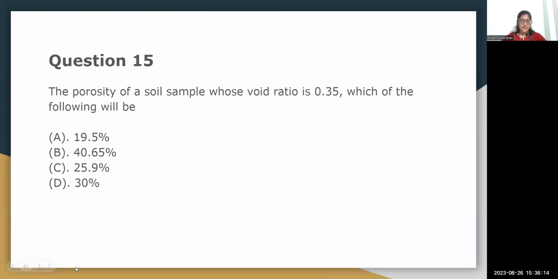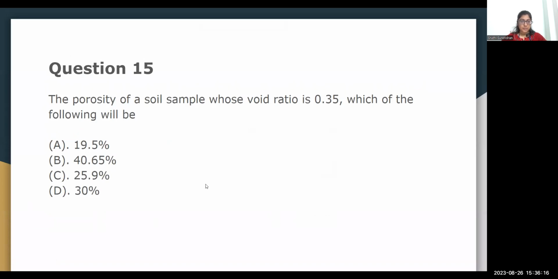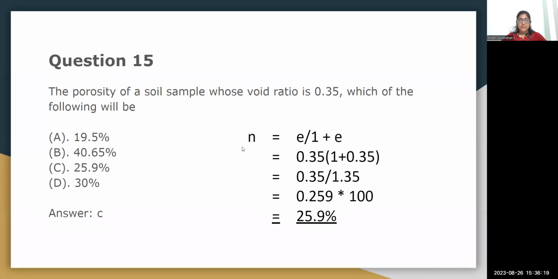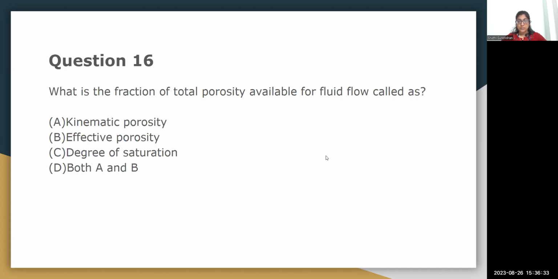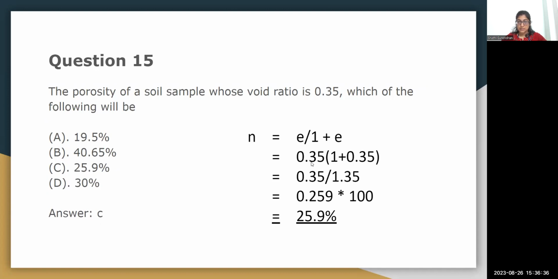Correct, it's option C. Let's see how it is solved. By this relation, n is equal to e by 1 plus e. So e is given as 0.35. So direct substitution: 0.35 divided by 1 plus 0.35. Sorry, I forgot to put one division over here. I correct it right away.